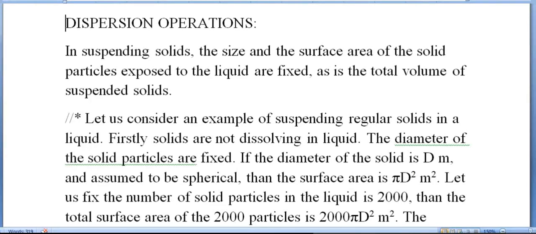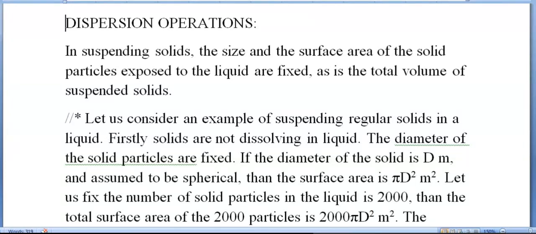When the size of the particle is constant, and we assume that it is a sphere, then definitely the surface area is given by the formula 4 pi r square, which is also a fixed value. Volume of the sphere is also a fixed value. So hence, always a fixed area of the solid is exposed to the liquid. That is the meaning of the sentence.